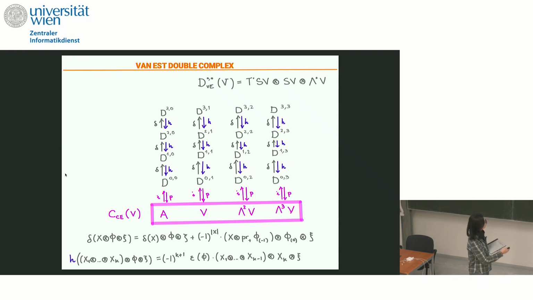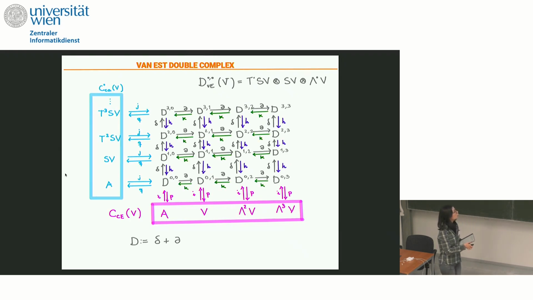Okay, and now we have to put it all together, because after all, what we wanted to do was connecting the blue part with the pink part, right? So the coalgebra with the Chevalley-Eilenberg. And we want to do it via the Van Est. But now we have a problem.